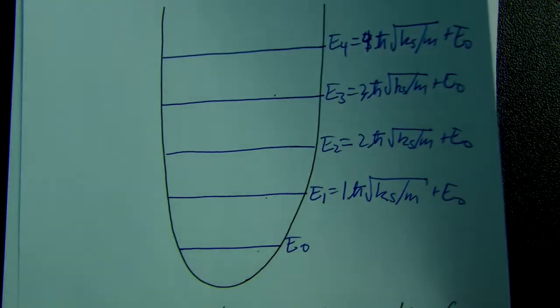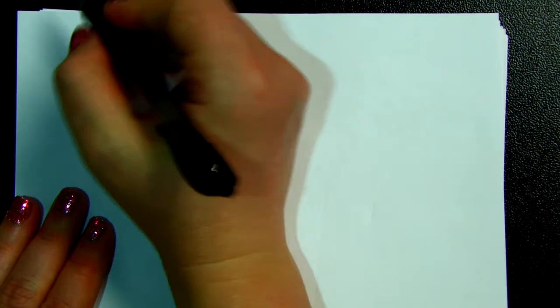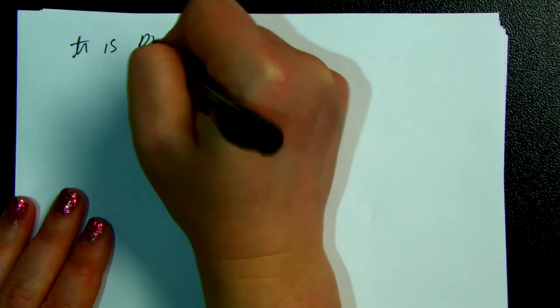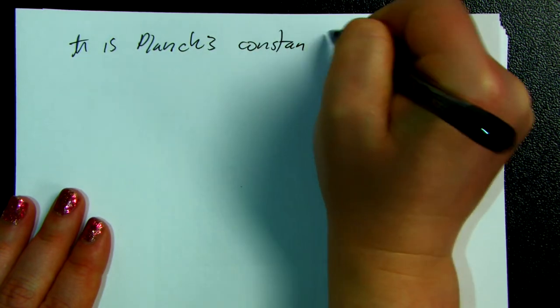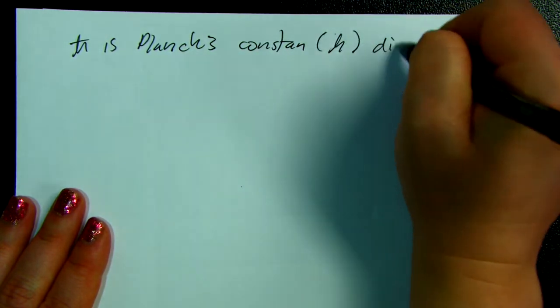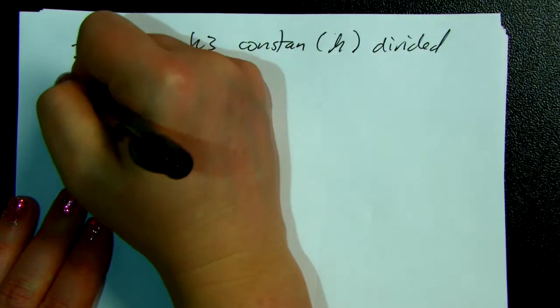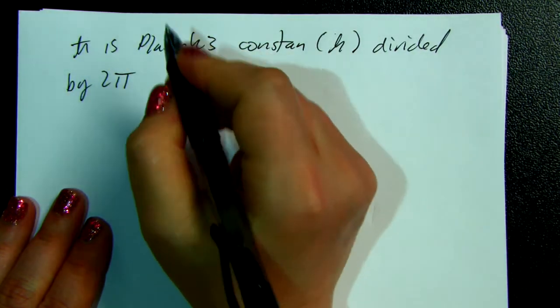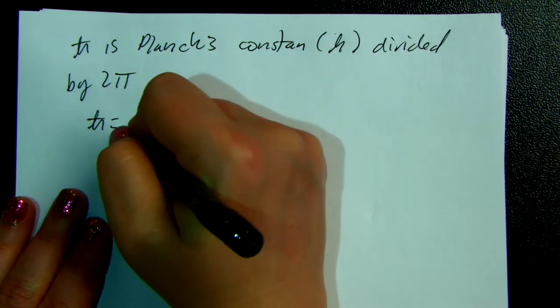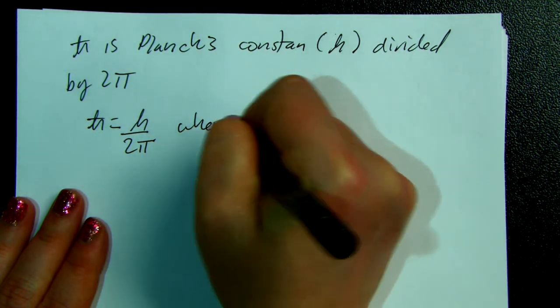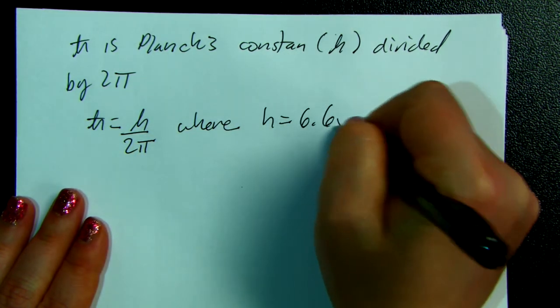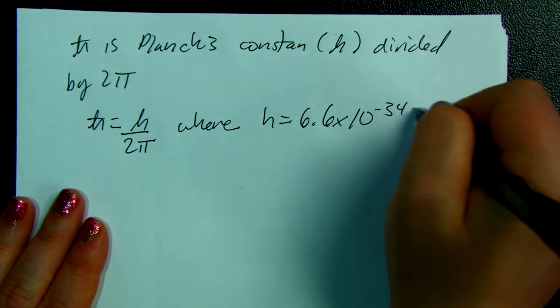All right, so building on these equations, let's talk about Planck's constant. So h bar is Planck's constant h divided by 2 pi, where h is equal to 6.6 times 10 to the minus 34 joule seconds.